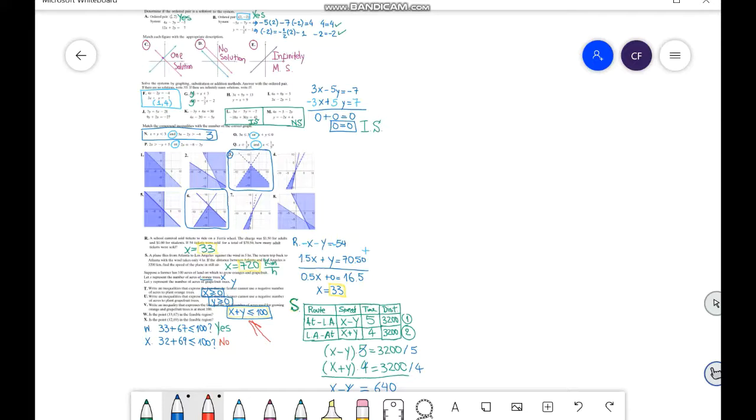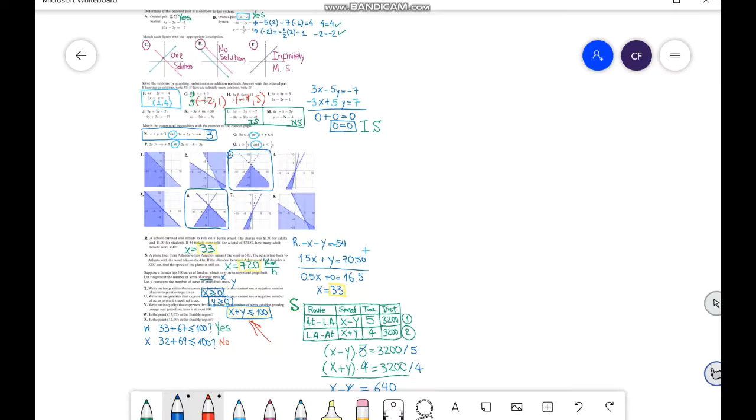You asked about F2. If you check here, G is going to be negative 2 and 1. H is going to be negative 4 and 5.